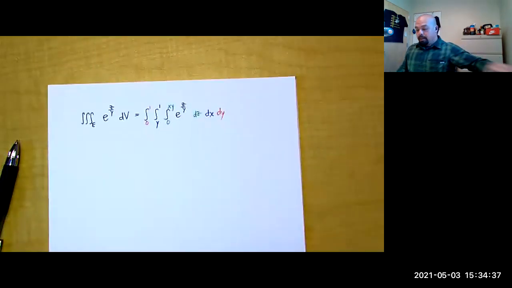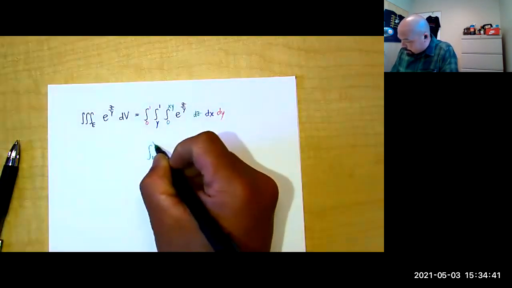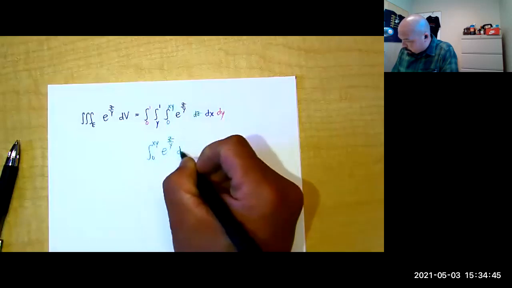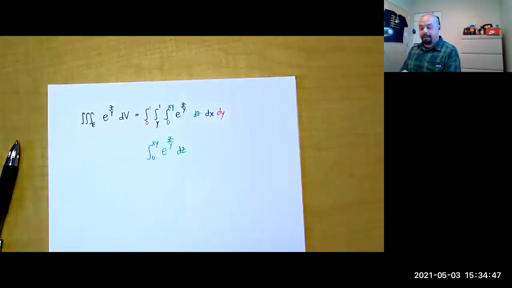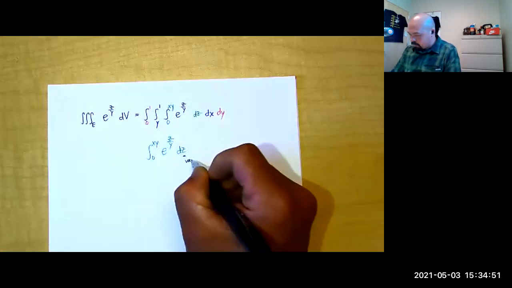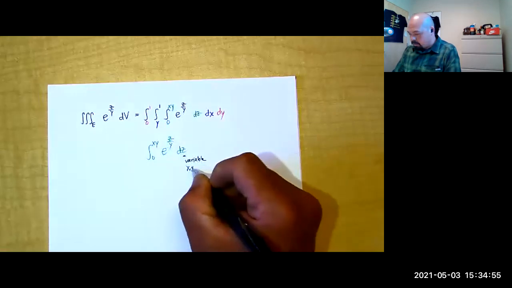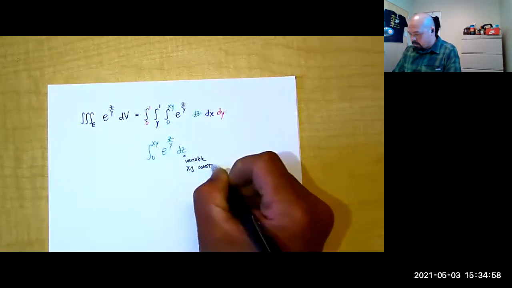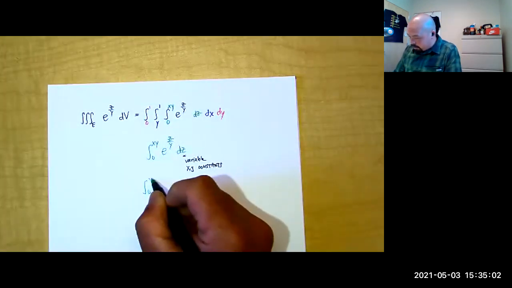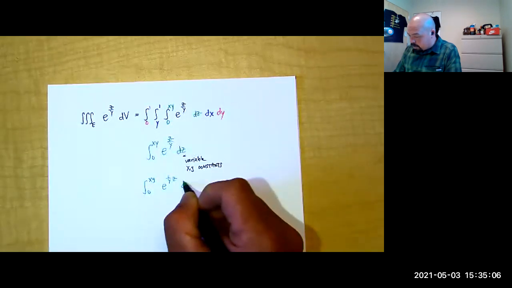All right. So integrating with respect to z first, managing that first. z is the variable. Everything else is constant. So this looks like the integral of e to the 1 over y times z, dz.